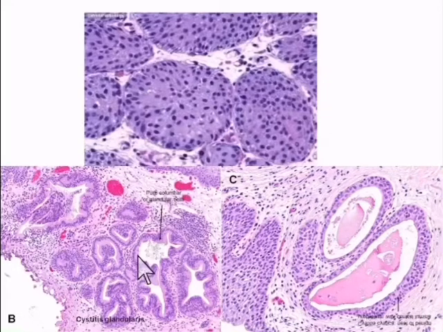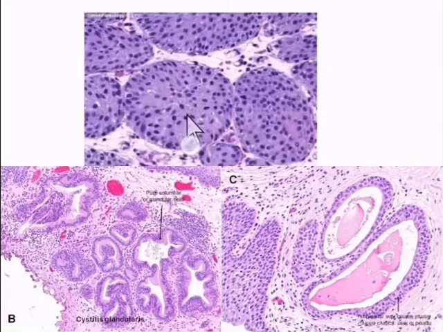Sometimes there is invagination of the urothelium into the lamina propria, so there will be a formation of a nest that is called Brunn's nest. This is a Brunn's nest.